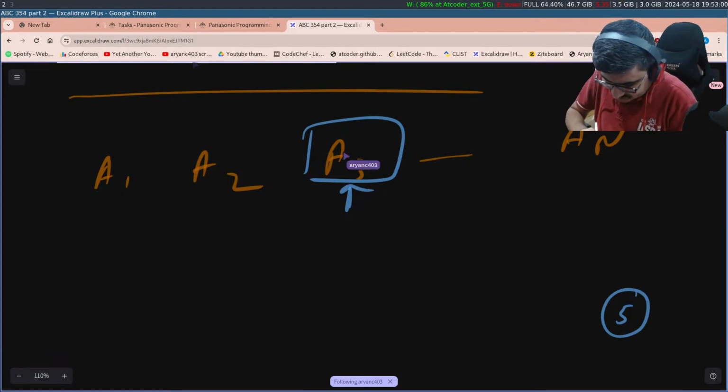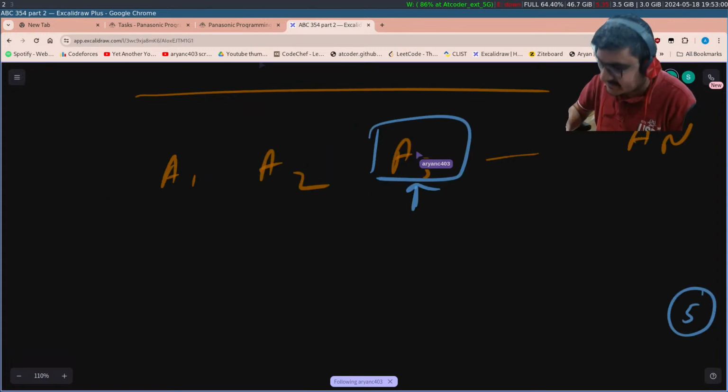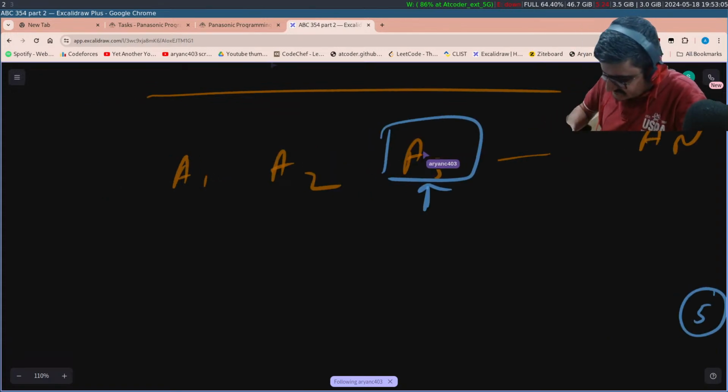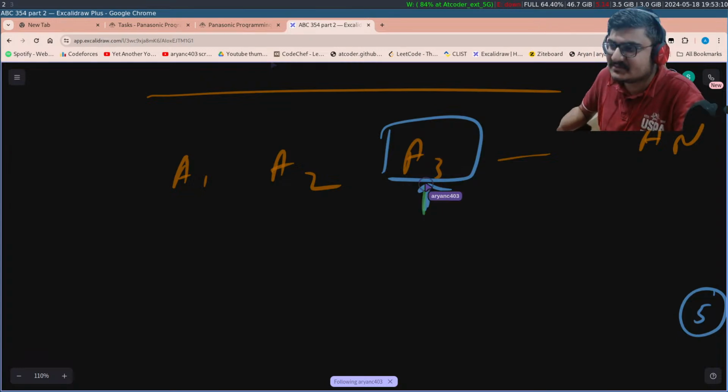There can be multiple LIS of the same length, and my idea was, since a3 is definitely in the sequence, I can do a greedy approach.